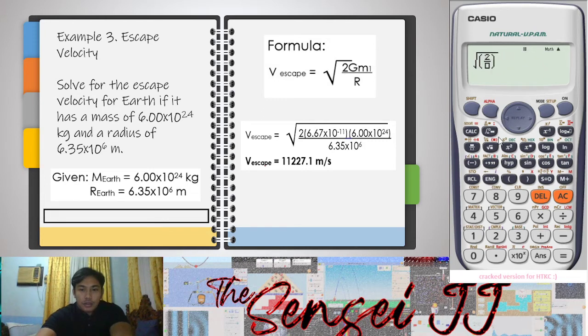Let's go back. 2 times 6.67 times 10 raised to negative 11, and another one, which is 6 times 10 raised to 24, over the radius of 6.35 times 10 raised to 6.